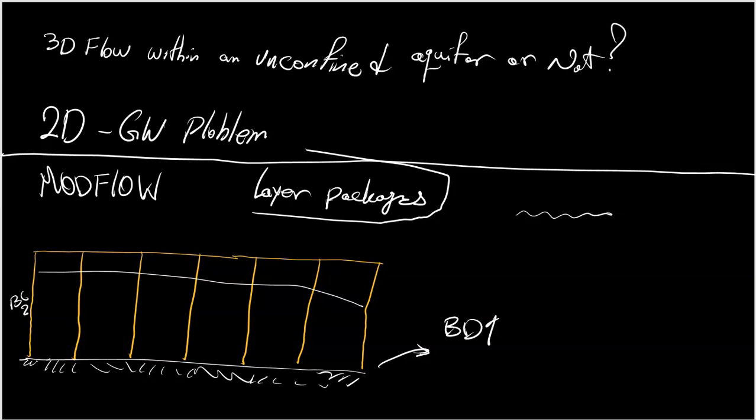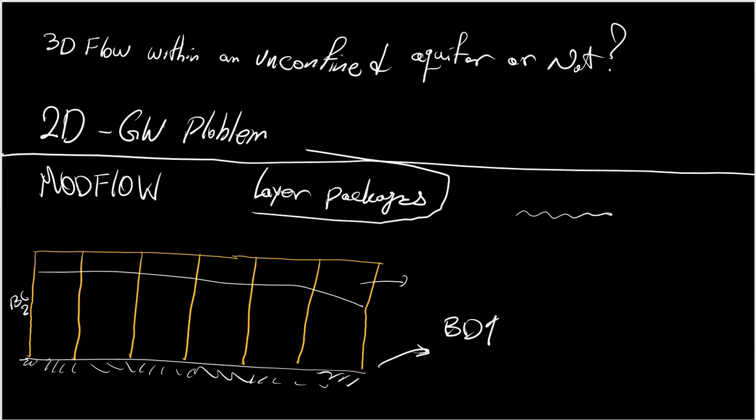For example, if boundary condition 1 changes, then I can calculate how the groundwater table would change. But in this system, everything here is unconfined.